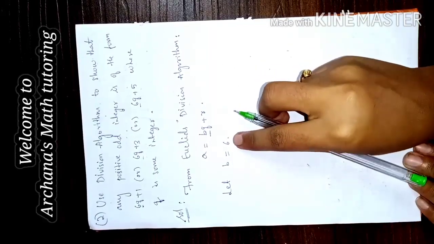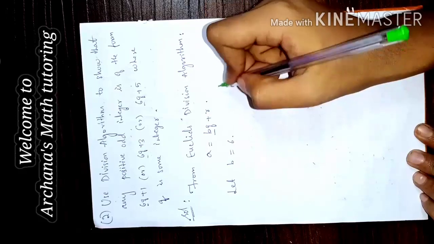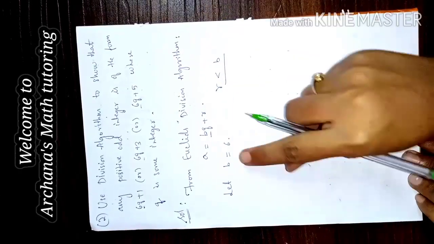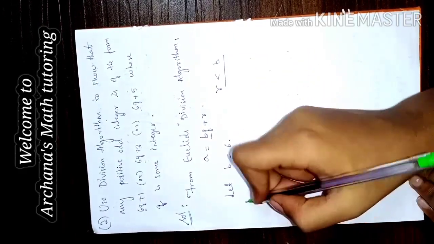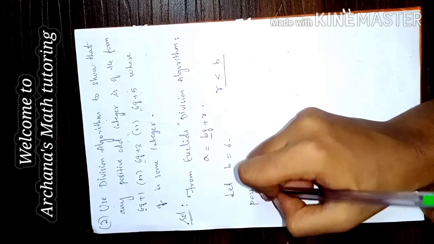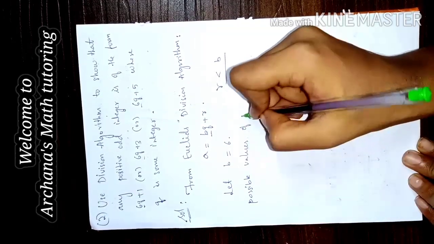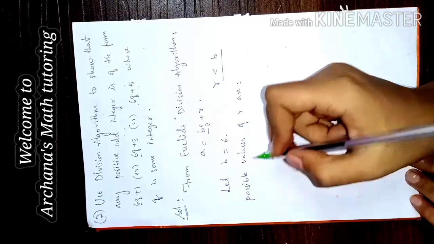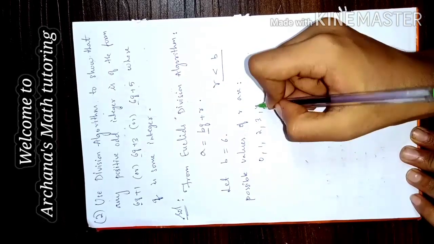Whenever we take b as 6, I already explained that r is always less than the b value. So r should be less than 6. What are the possible values of r, including 0? 0, 1, 2, 3, 4, 5.